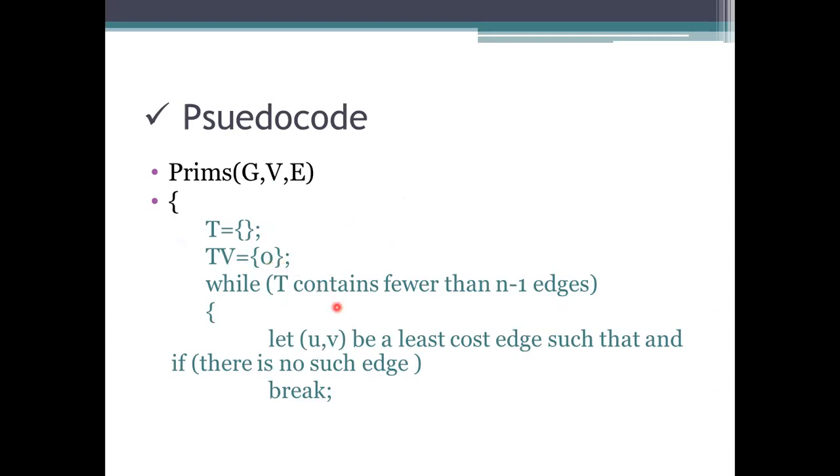Whenever you add a vertex to that tree, it will be added to the tree vertex set V, and we need to compare these two values, the tree vertex value and the vertex value, to see whether they have the same vertex names or not, because we need to add all the vertices into that one.